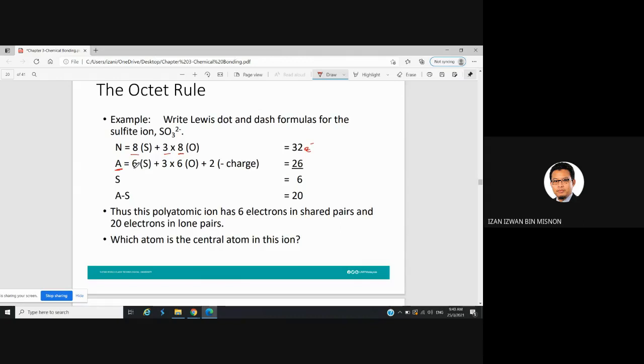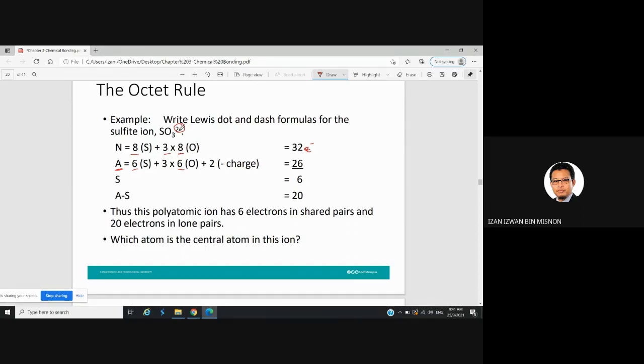The available valence electrons: sulfur has only 6 electrons on the valence shell. Same goes to oxygen, 6, right? So 3 atoms of oxygen, we have 18 here, plus 6 from sulfur. And remember the rule of ions: if there is a negative ion, we need to add to the electrons that are available.